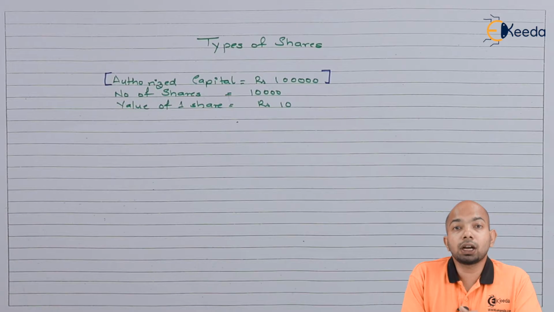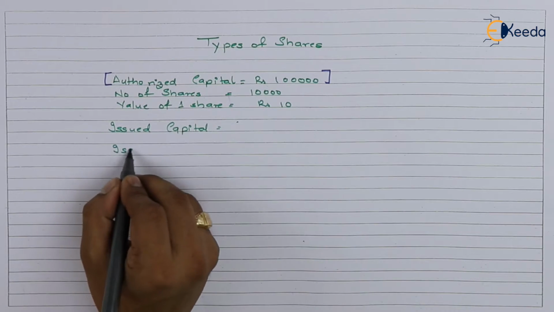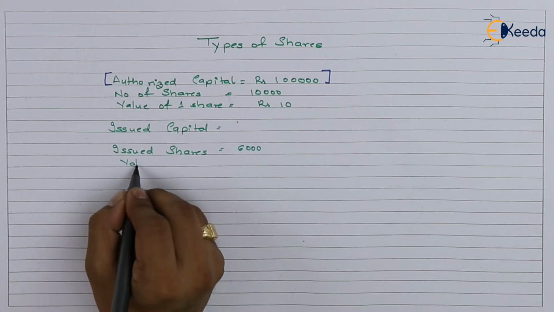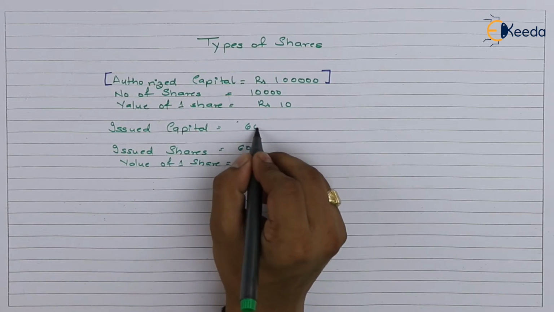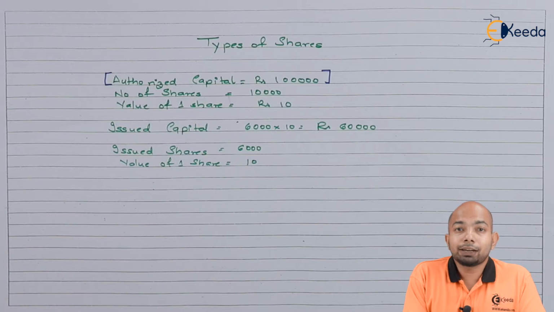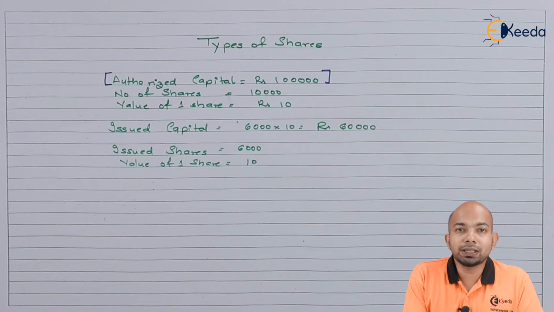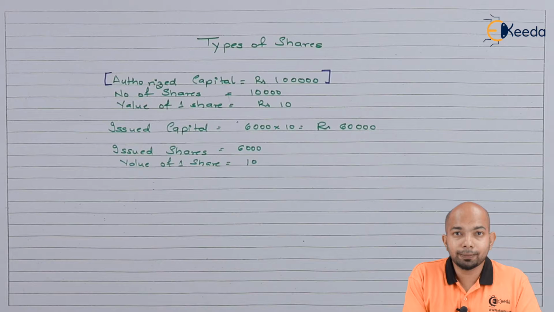So we have to figure out how much is the issued share capital. The issued share capital is 60,000 rupees, 6,000 shares multiplied by 10 rupees, the value of one share.